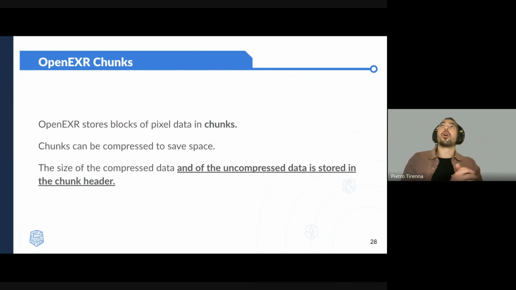But since we cannot know beforehand how big the images are, how many bytes, how many pixels, how many samples we have for each pixel, we need to have some information in the header. And in the header of each chunk, we have two pieces of important information. We have the size of the compressed data, and we have the size of the uncompressed data.